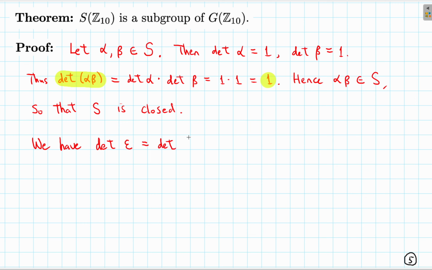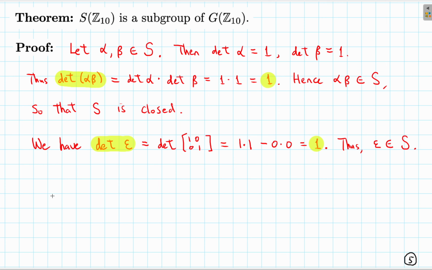Well, so let's write down what epsilon is here, 1, 0, 0, 1, and that's 1 times 1 minus 0 times 0 is equal to 1. And we just showed that the determinant of epsilon is equal to 1. And so we can say, thus, the identity element is in S. So that takes care of the identity.